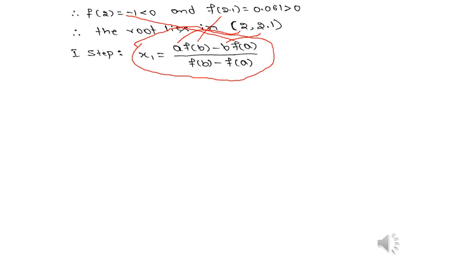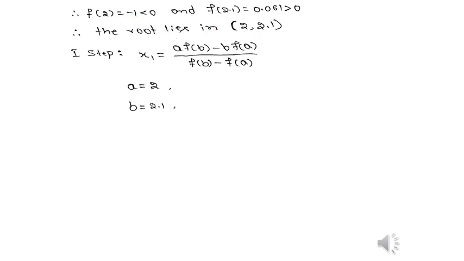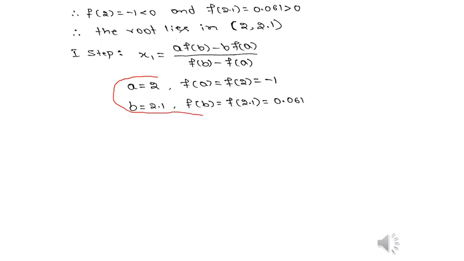We substitute all these values in this formula to get the new x1. So these are a comma b and these are f of a and f of b, that is f of 2 and f of 2.1, which are required in the above said formula. All these values required in this formula we have collected.